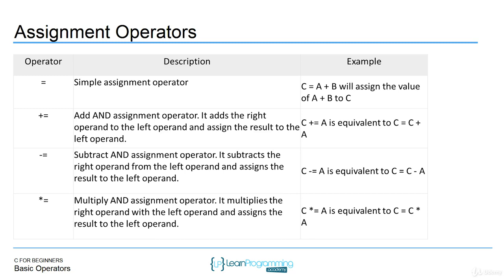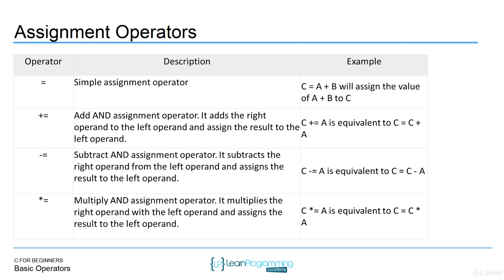Minus equals is the exact same thing, except you're subtracting, and then assigning. So you subtract the right operand from the left operand and then assign the data. So if you say C minus equals A, it's really C equals C minus A. It's kind of a shorthand notation, these plus equals and minus equals. You can write things a little faster because you do two operations essentially in one single statement.